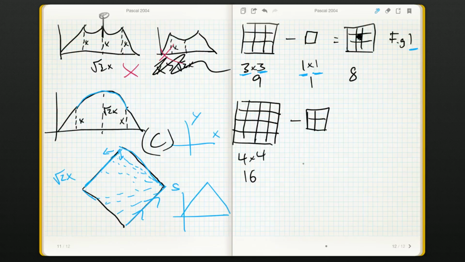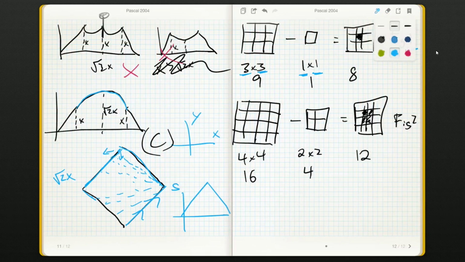Don't believe me, you can add them up. And we're getting rid of a 2x2 grid containing 4 squares, and that gives us 12 squares remaining. And that was figure 2. So once again, figure 2, and then what's changed? We have 2x2s and 4x4s.